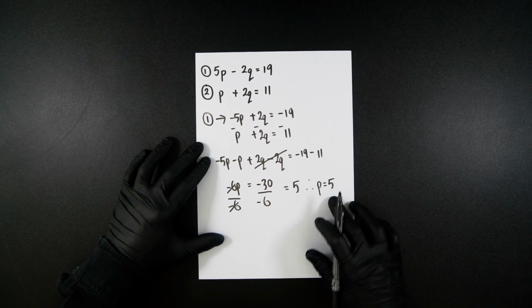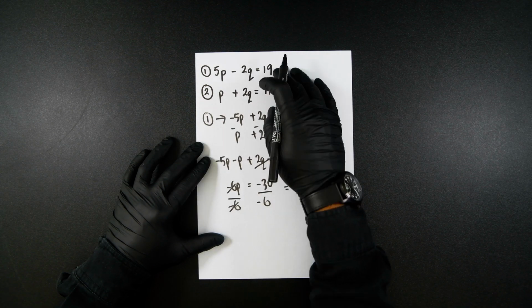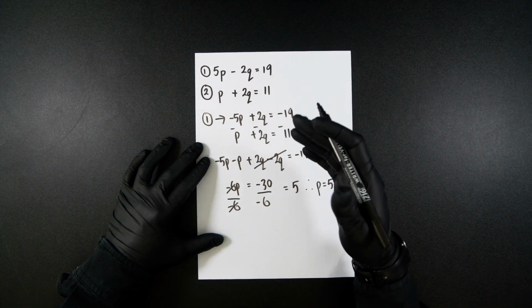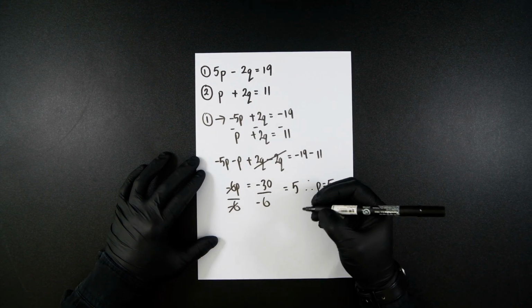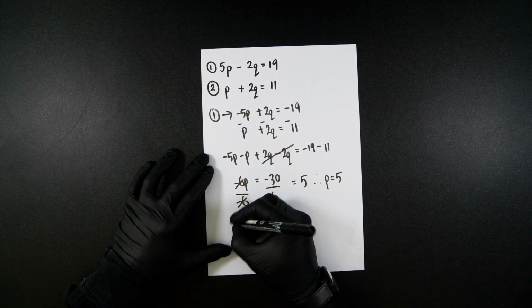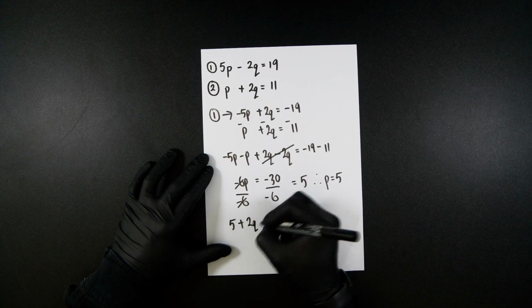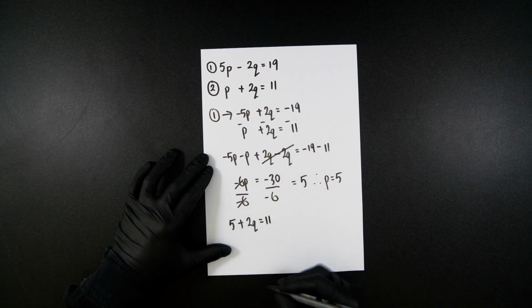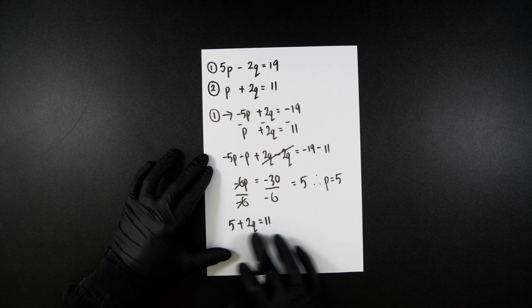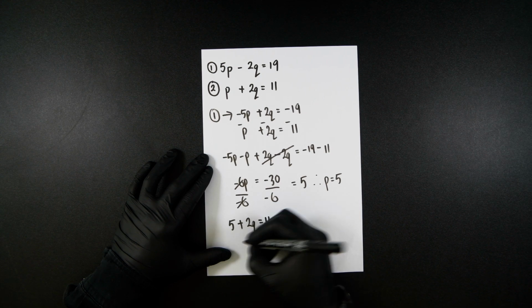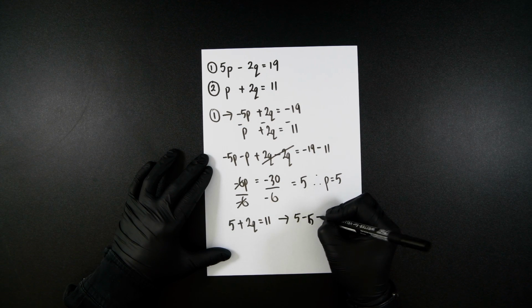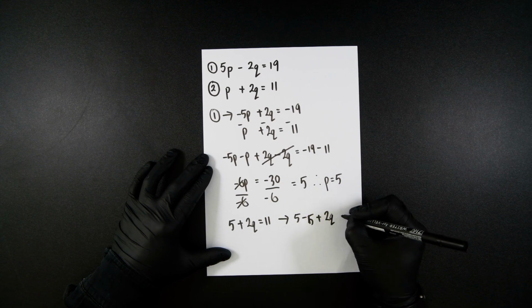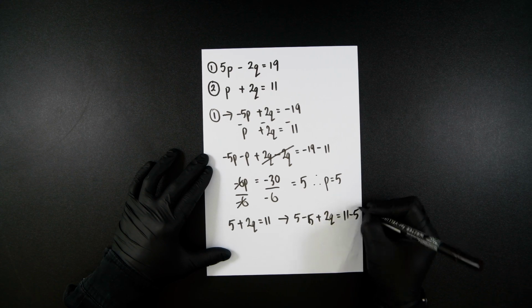We can now take this and substitute it into either of these simultaneous equations, and you'll get a solution for q. So I'm going to pick equation 2. So you're going to get 5 plus 2q equals 11. Let's subtract 5 from both sides. So you're going to get 5 minus 5 plus 2q equals 11 minus 5.